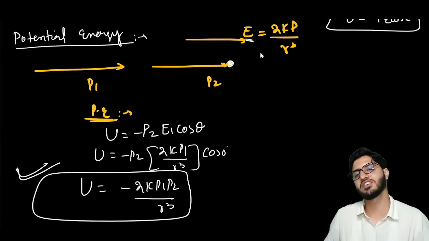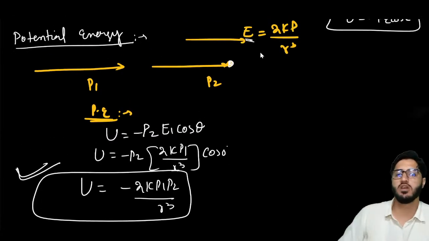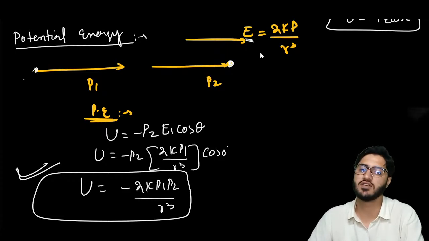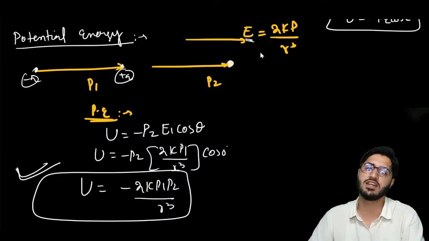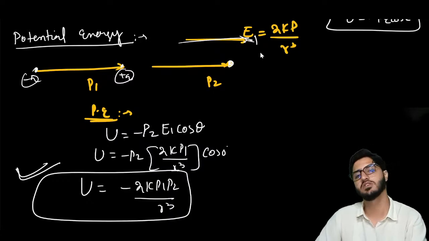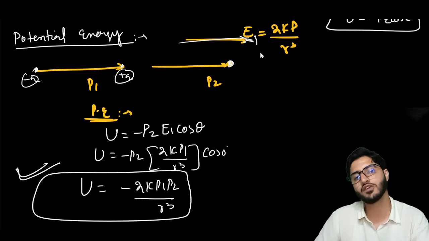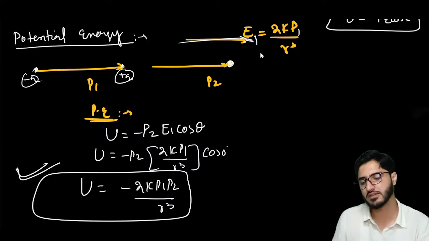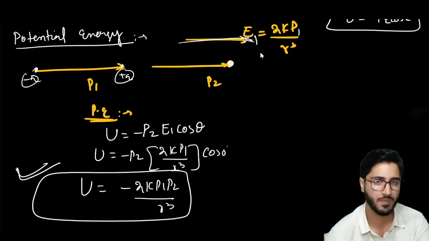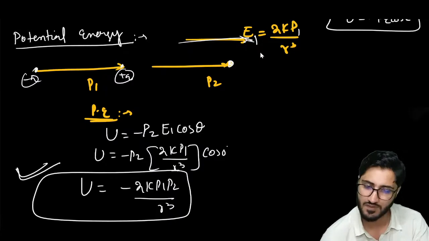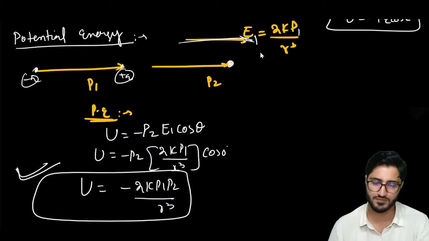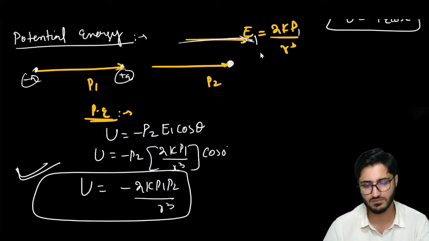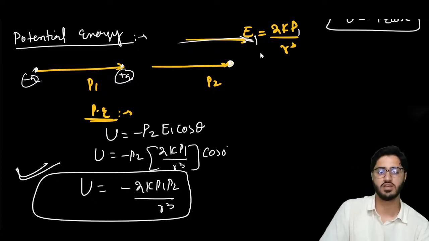So how to find potential energy at any particular point P? Look, here we have charges, minus Q and here plus Q. Due to these charges, we have the electric field here, right? This is the electric field due to the first one, and the dipole moment is P1. Okay, one more thing.